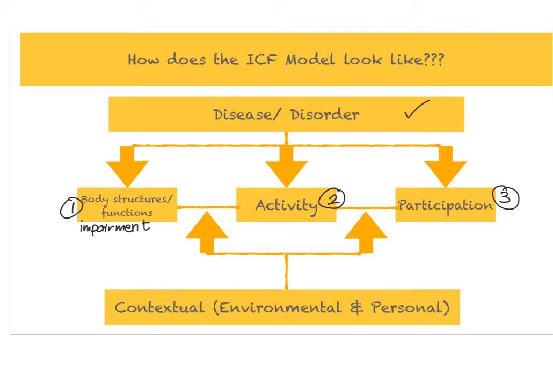Okay, so what are the common examples of an impairment? One is pain. Pain is an impairment. 2 is limitation of motion. LOM is an impairment. 3 is weakness. Weakness is an impairment. Those are the common examples of impairment.